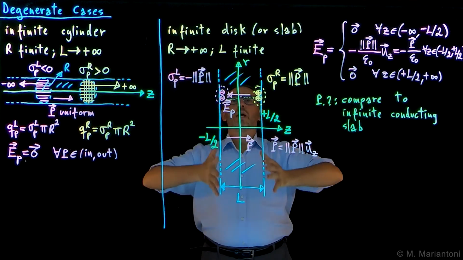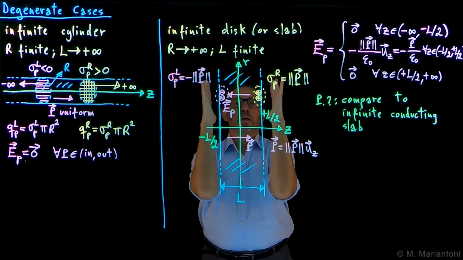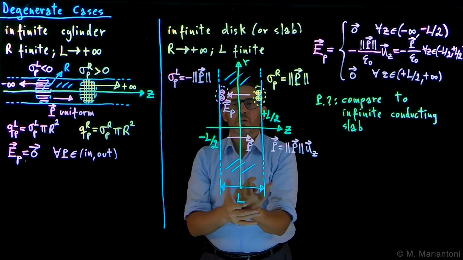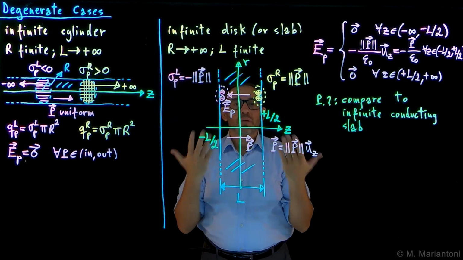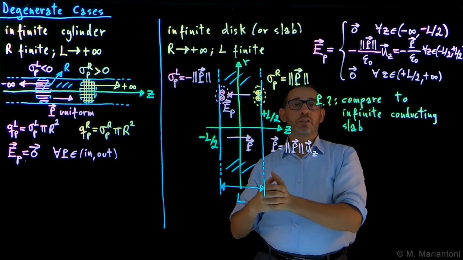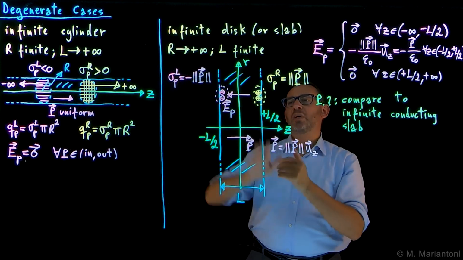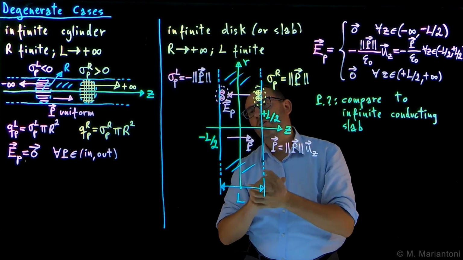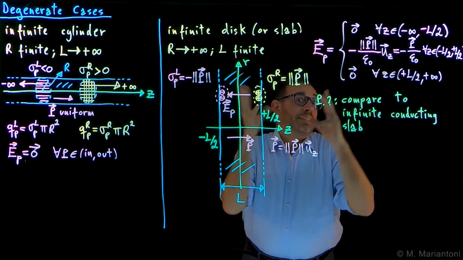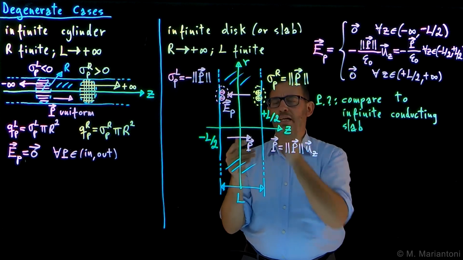In this other case, we have instead capital R going to infinity, so we have effectively a slab of dielectric material with infinite size and a finite width, capital L. Since rho P is equal to 0 because P is uniform, effectively we end up having positive and negative charge distributions on the two surfaces on the right and left side of this object. We can forget what is in between, similar to what we did in conductors. Typically for dielectrics you cannot do it because rho P doesn't have to be 0, only because P is uniform it is 0. Intuition tells us plus, minus, it makes sense with the calculations.